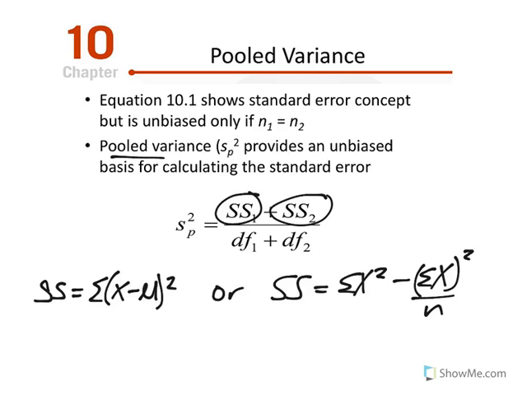Next, I want to present an alternative equation for pooled variance. You'll get the same answer if you use one or the other, just as in the case of calculating the sum of squared deviations.